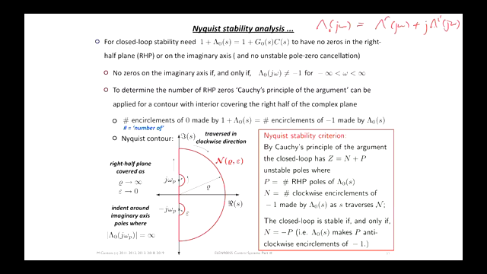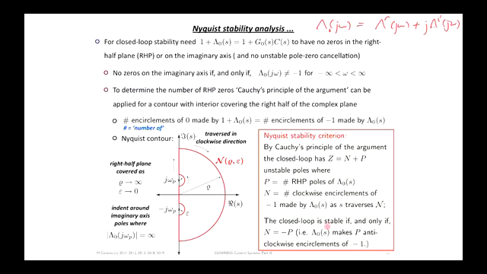So given lambda, we know how many right half plane poles it has in the interior of this contour. It's the number of open loop unstable poles. Ultimately, we want Z to be 0, because we want the closed loop to be stable. The closed loop will be stable if Z is equal to 0.